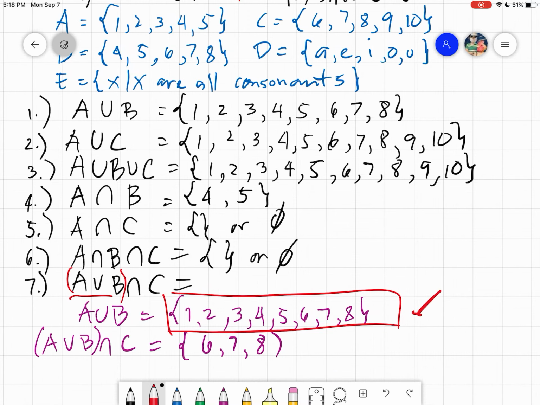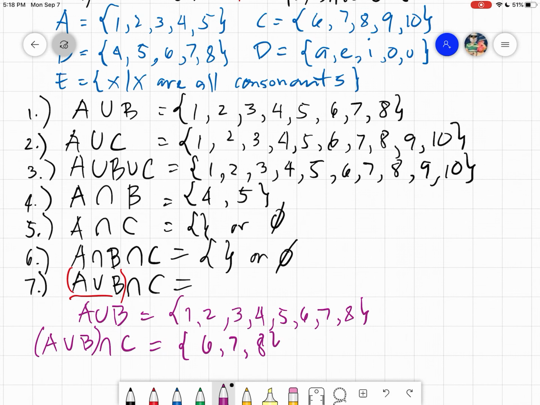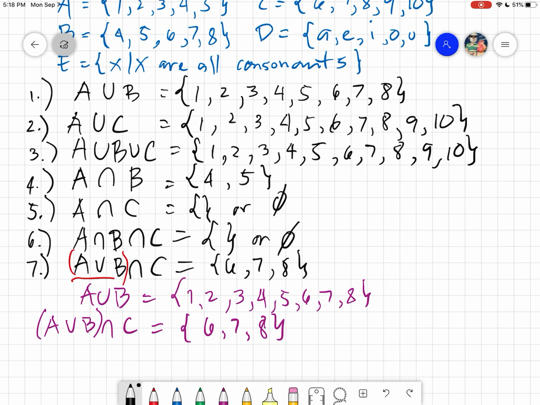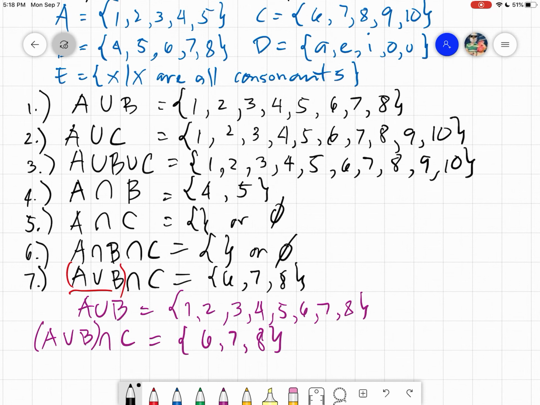Therefore, this must be the intersection between A union B intersection C. So, anong nangyari? Unti-unti. So, again, for cases na magkaiba yung operation, union and intersection, wag nyong sabay-sabay gawin. Ang gagawin nyo dyan is you have to do it one at a time, isa-isa muna from left to right. So, the answer for this case is 6, 7, and 8. I hope you got that.